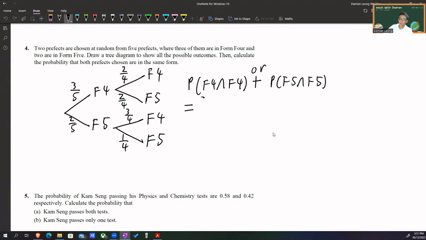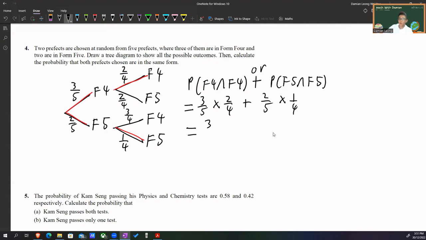Yeah. So it means 3 over 5 times 2 over 4 plus 2 over 5 times 1 over 4. Basically this pathway, that's why 3 over 5, 2 over 4, or this pathway, 2 over 5, 1 over 4 times together. So it's this and this, that's why it's times.